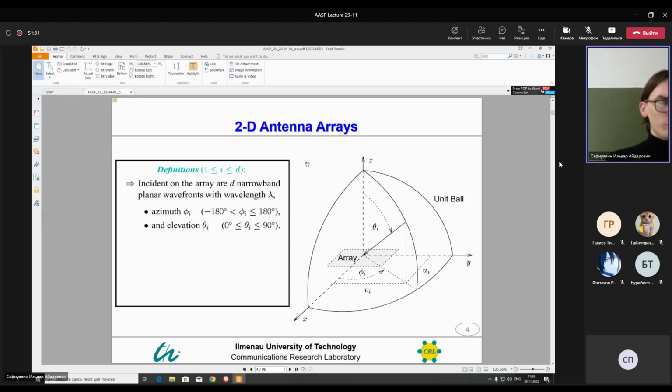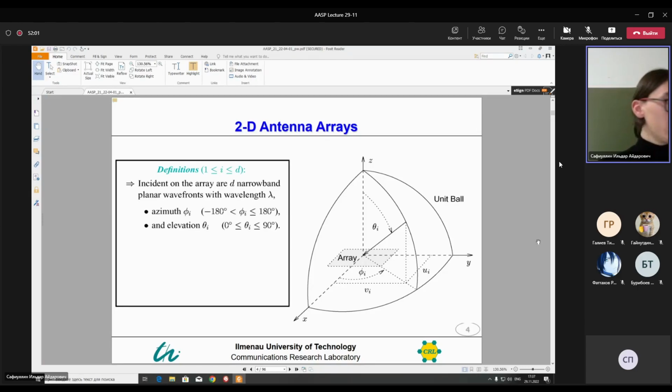So we denote it as phi subscript i, which is greater than minus pi and less than or equal to pi.